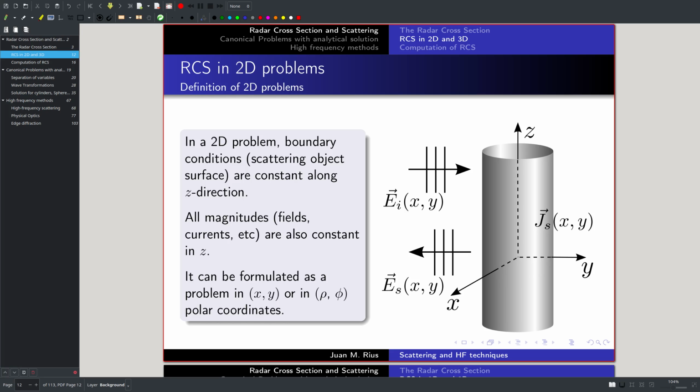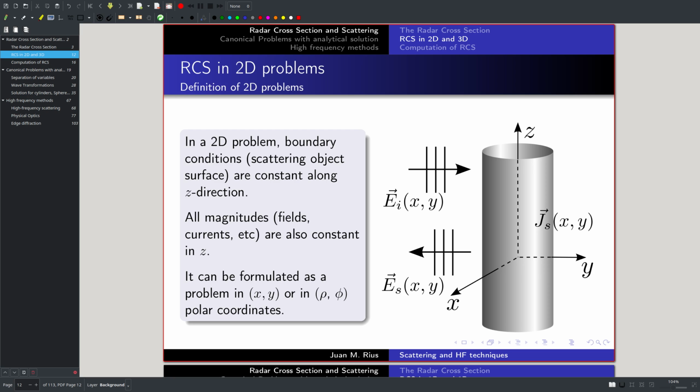Well, do you remember that in chapter 3 about numerical methods we defined two-dimensional problems that were problems in which everything is constant in the z coordinate, nothing varies in the z coordinate, so the only variation is in x and y coordinates.